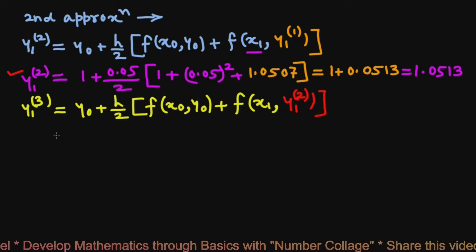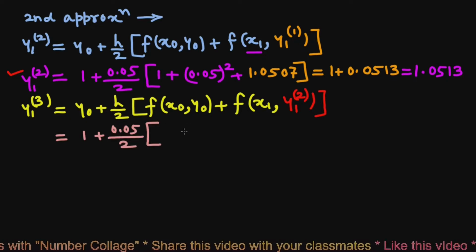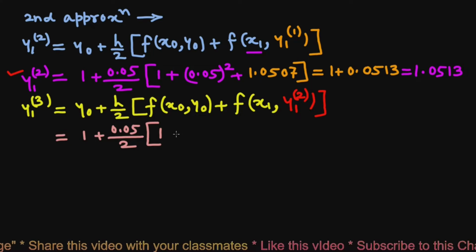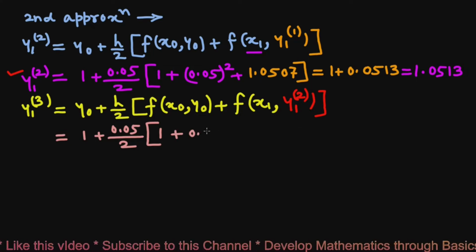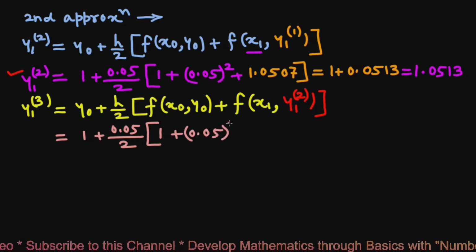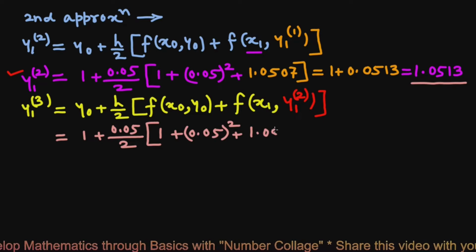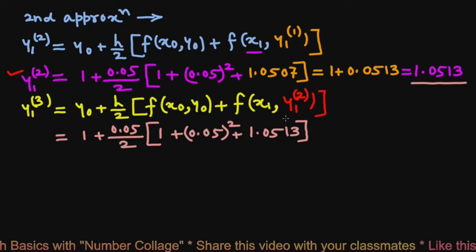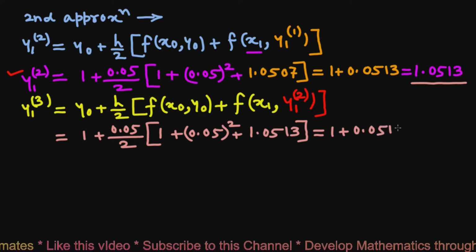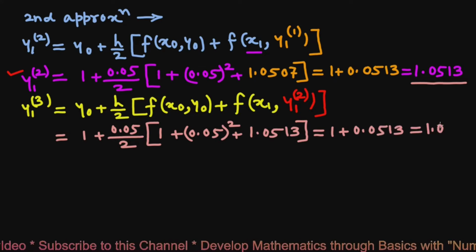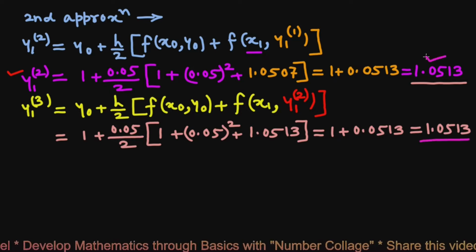So that will be 1 plus 0.05 upon 2, f of x0 y0 is 1, plus f of x1 comma second approximation, 0.05 whole square plus the value of this second approximation 1.0513. So that will be 1 plus 0.0513, that will be 1.0513, which is same as this value.